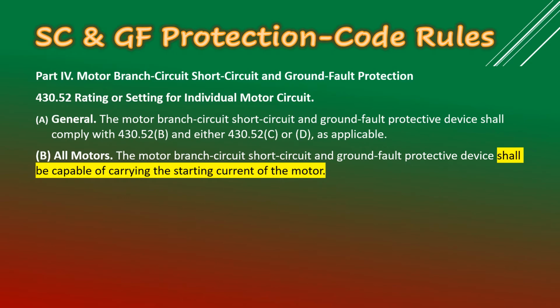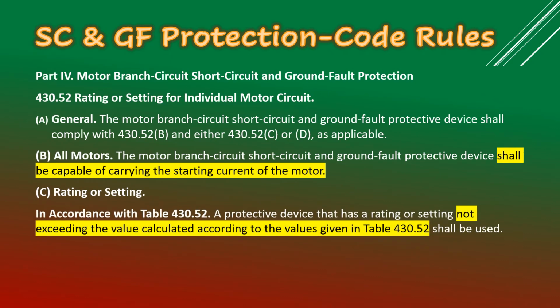So it should not trip. Otherwise, you are protecting the circuit, but if the motor will not start because your protection device is tripping, then this is not the correct way. It is not the proper way.